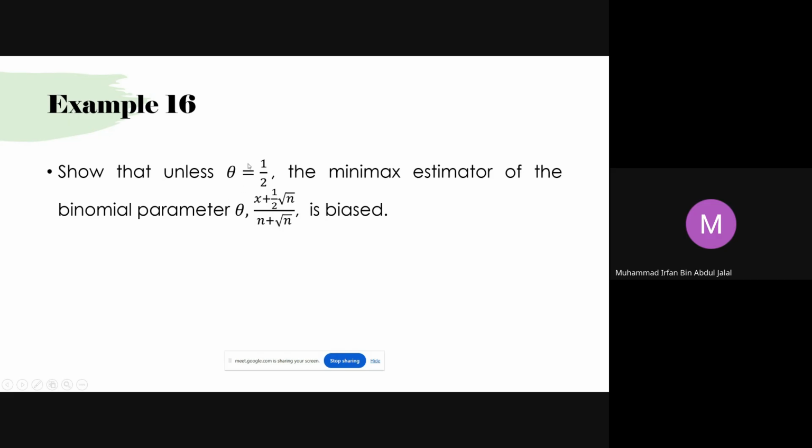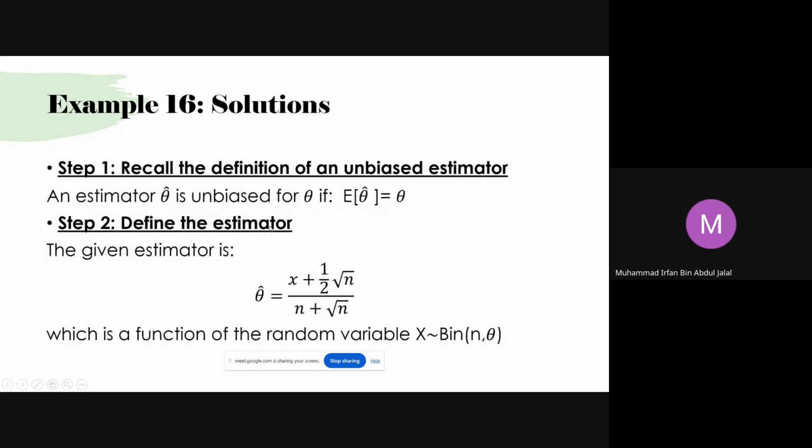So if theta equals 1 over 2, then it's an unbiased estimator. But if it takes values other than 1 over 2, then the minimax estimator here will be a biased estimator.